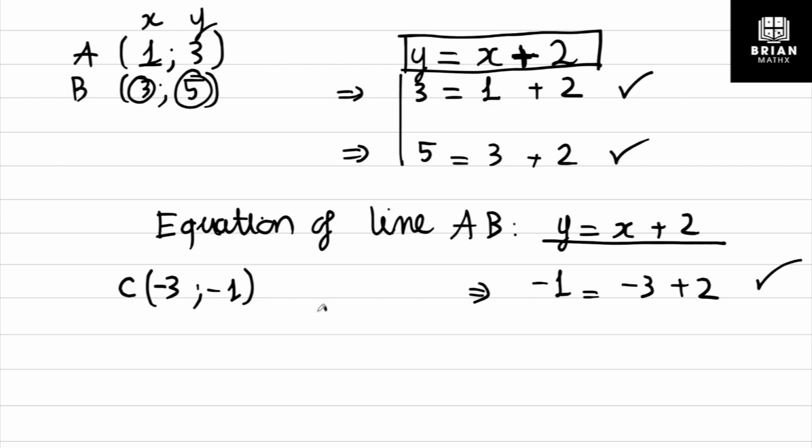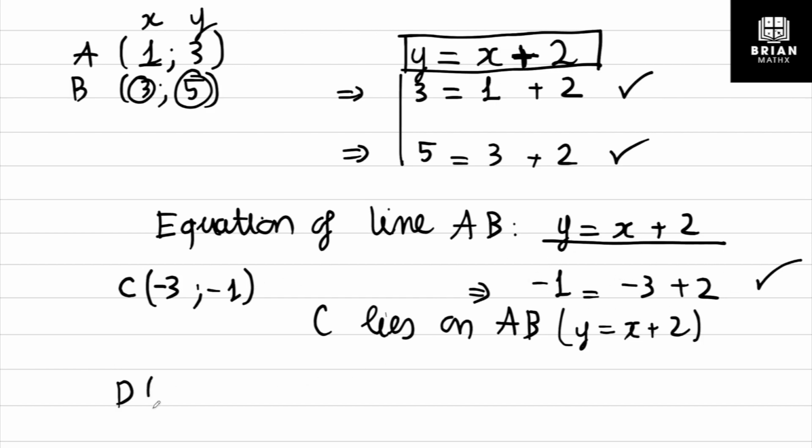So I can make a conclusion: C lies on AB, or C lies on y = x + 2, because the x coordinate and y coordinate of C satisfy this equation.